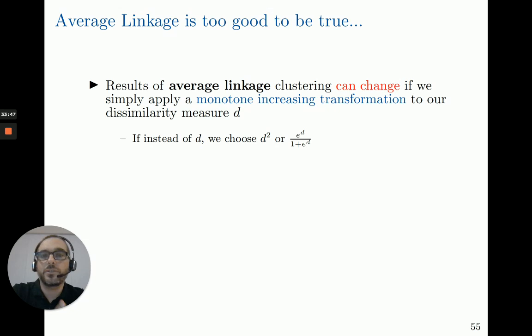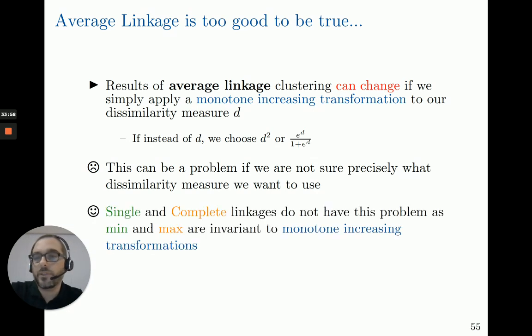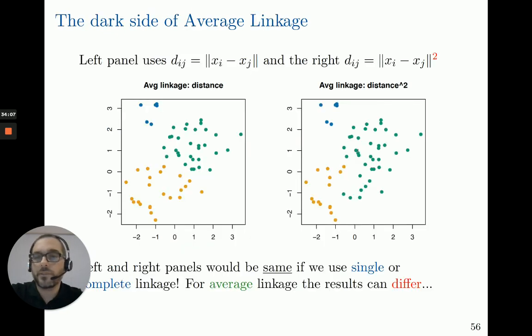So instead of d, we choose d squared. We can have a problem. If we are not sure precisely what dissimilarity we want to use, this is a problem. The single and complete linkages do not have this problem because min and max are invariant to monotone increasing transformations.